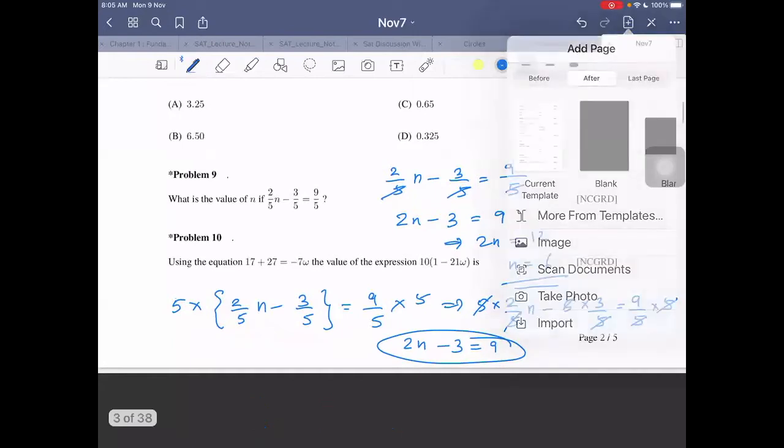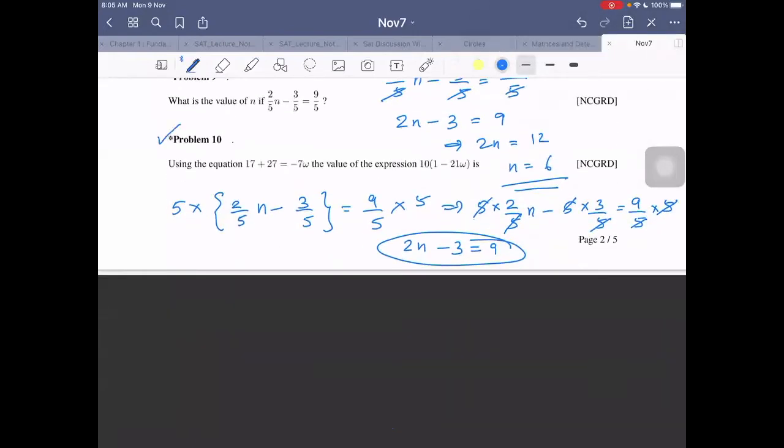Yeah. So next question is: using the equation 17 plus 27 is equal to minus 7 omega. So this is the symbol omega, the Greek letter omega. The value of the expression 10 times 1 minus 21 omega is. All right.